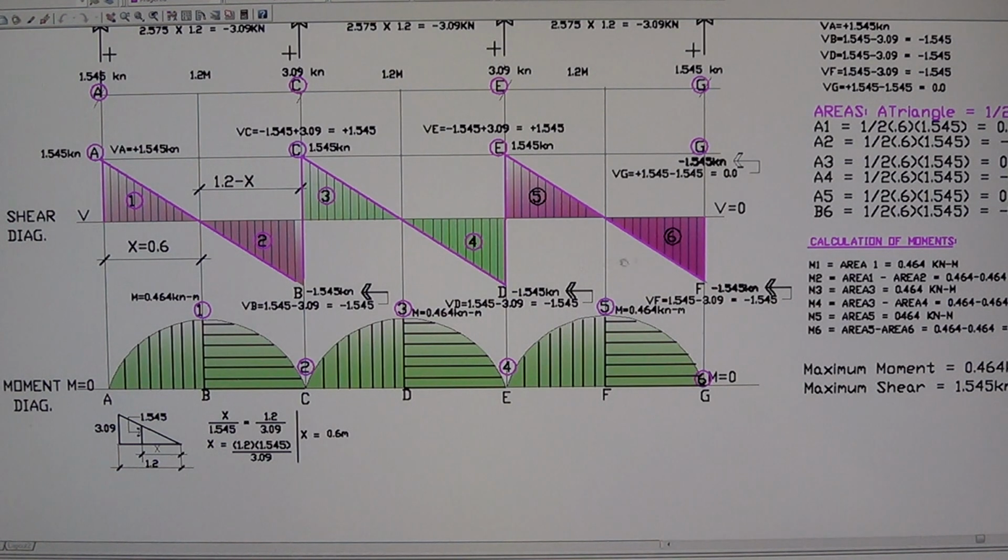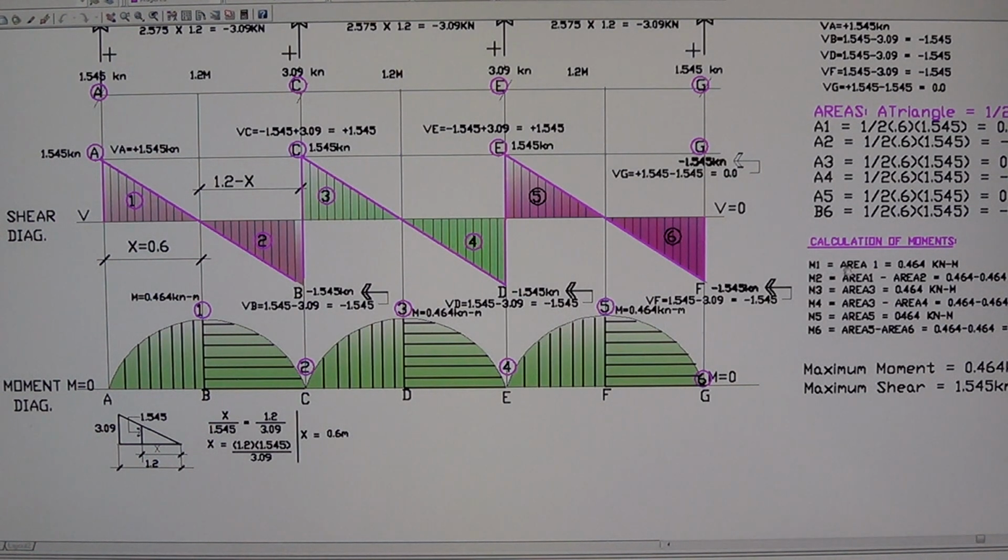Now solve for the moment. So you know how to get the area. Anything below the line of the shear is negative, and above is positive. 1, 3, 5 are positive and 2, 4, 6 are negative. So now solve for moment. Moment at B, which is moment 1 right here. This is the calculation.